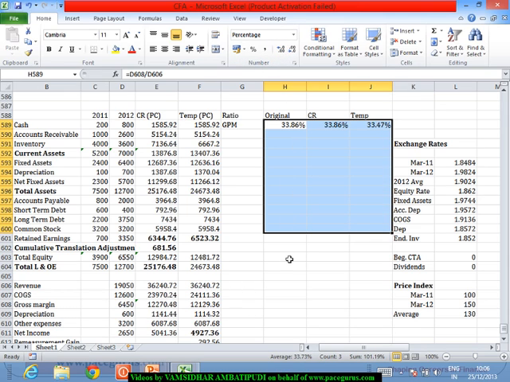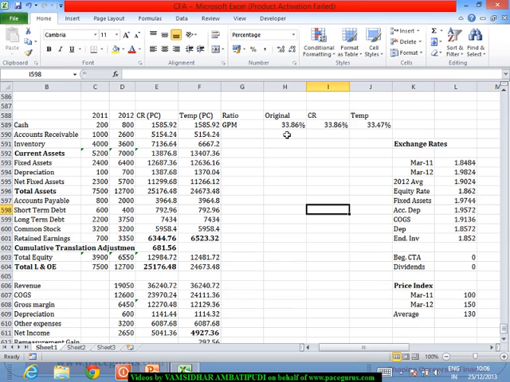Okay, so what we are saying is there is no difference in the current rate method and the original method as far as the gross margin is concerned, whereas in the temporal method there is a slight decrease. That decrease depends on what is the rate we are using with respect to the cost of goods sold.